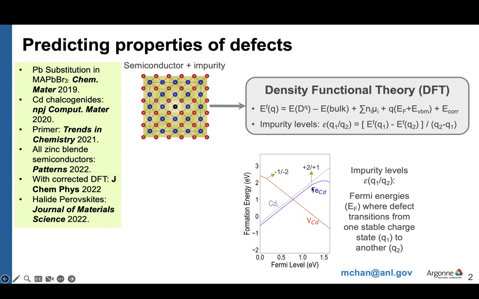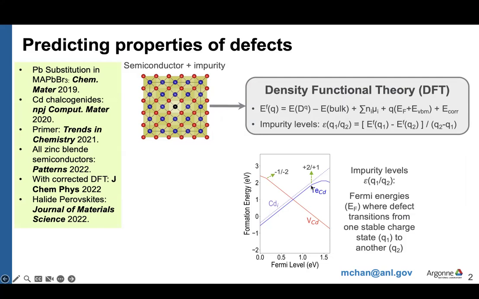The positively charged defects have positive slope, and their formation energy increases as you move your Fermi level from the VBM to CBM. And opposite for the negative defects. If you have a neutral defect, it would be flat here. Positive and negative charge defects can have different charge states. They can have 1 or 2 plus or 1 or 2 minus. Occasionally, you will see something like 3 plus or 3 minus.